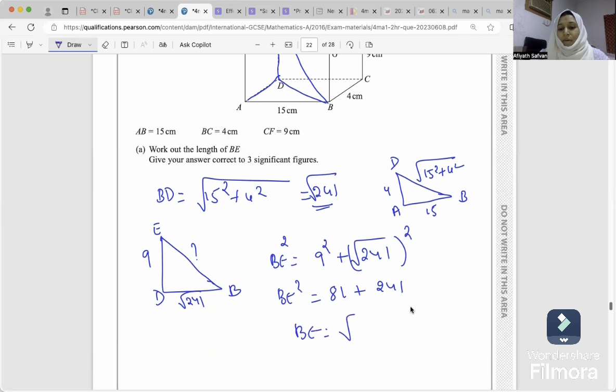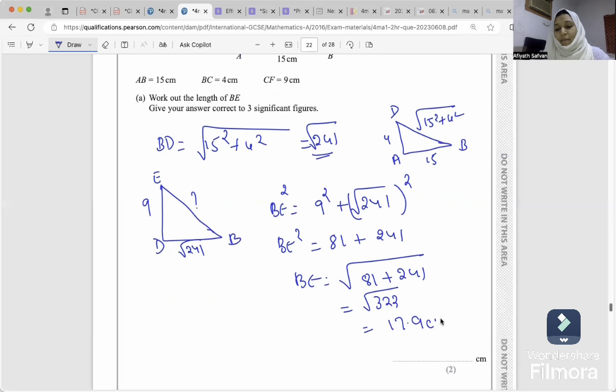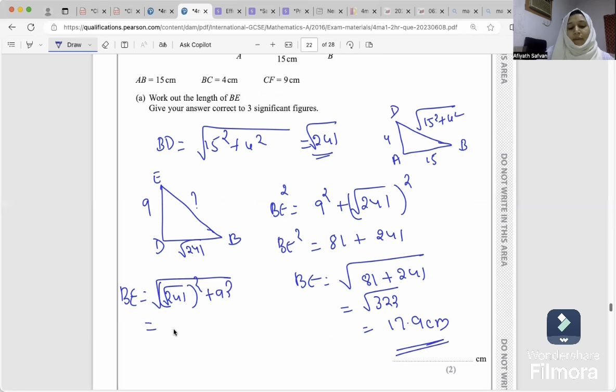BE is the square root of 322, or in decimal, 17.9 centimeters. Or instead of simplifying this way, you can directly write the square root of (root 241) squared plus 9 squared. Then also you will get 322 directly in your calculator.